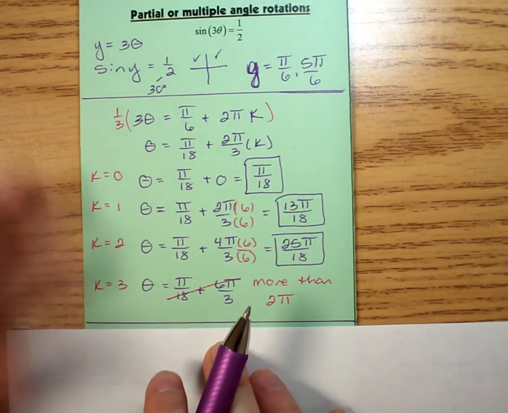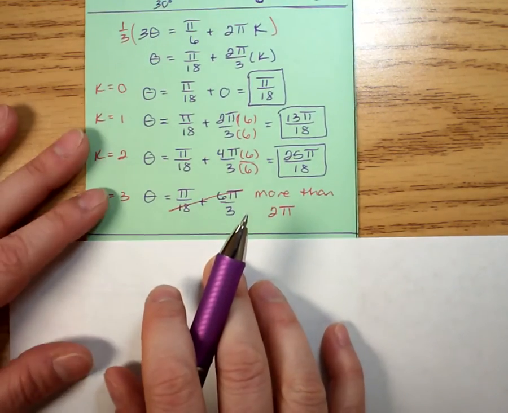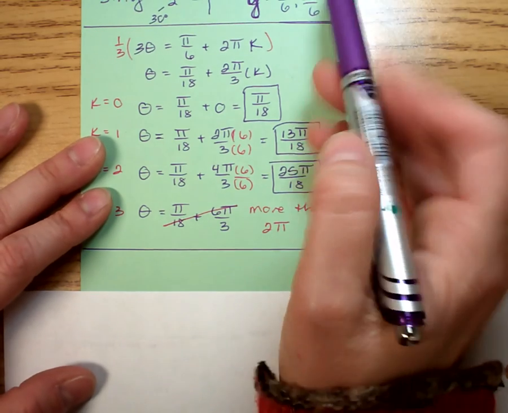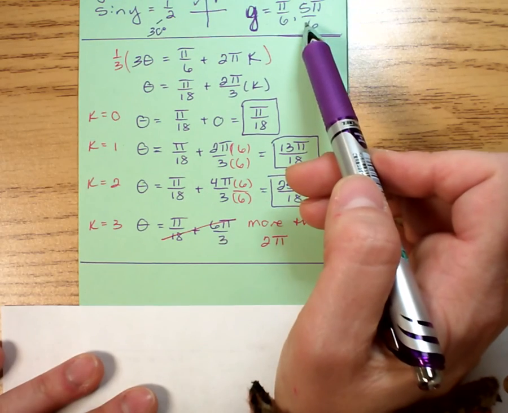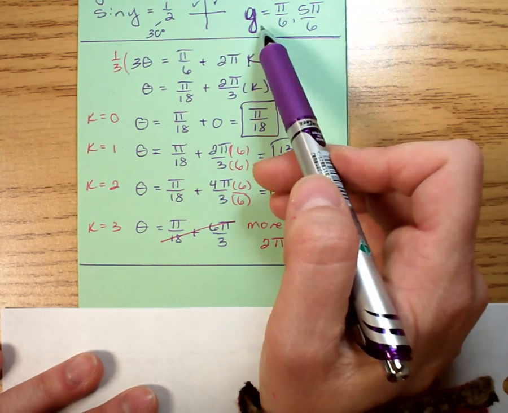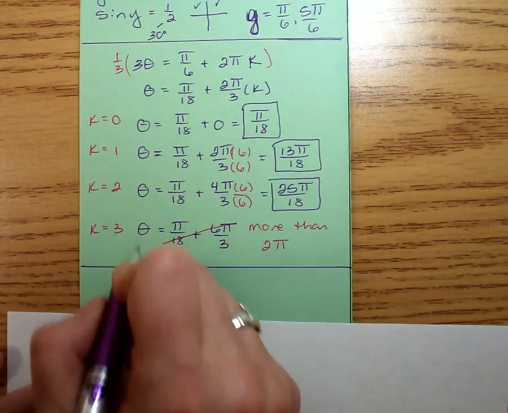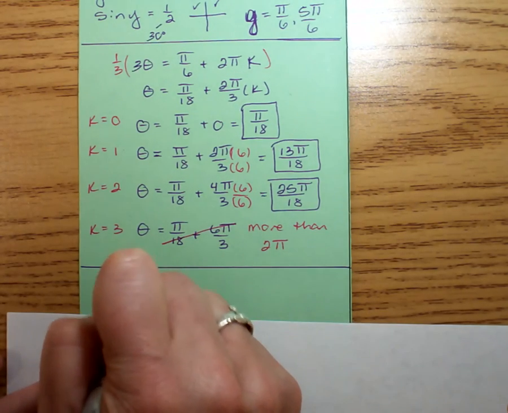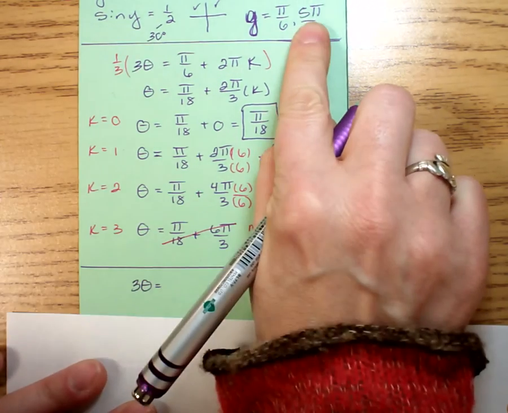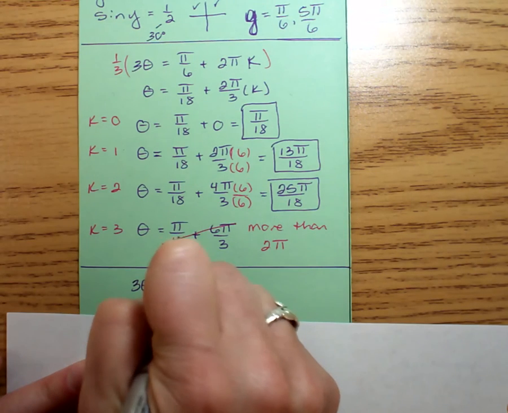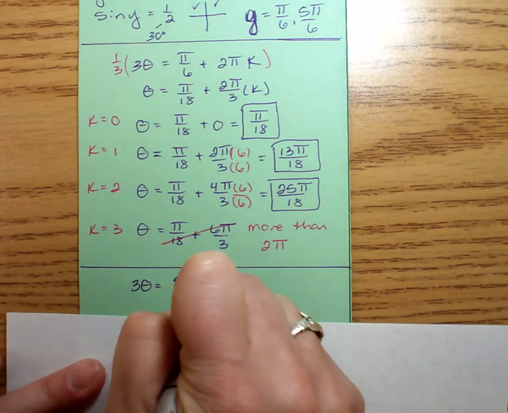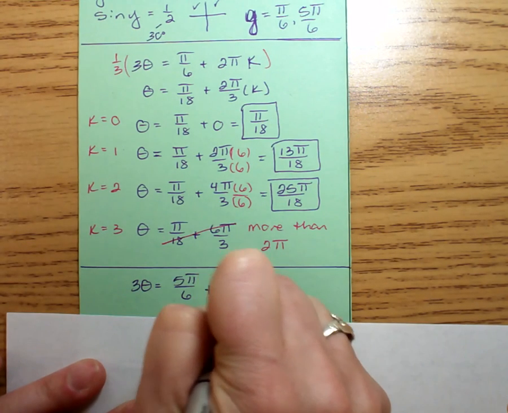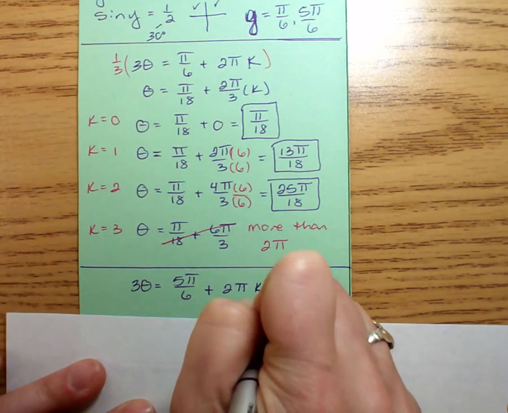I can finish off this problem by remembering that I have a second angle that I solved for up here that was a potential value for y. So now I can set 3 theta equal to that second value. You have to do these two processes separately. Of course, I'm going to add to that 2 pi k.